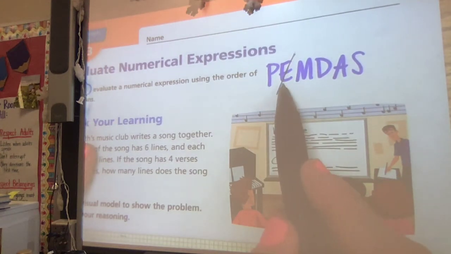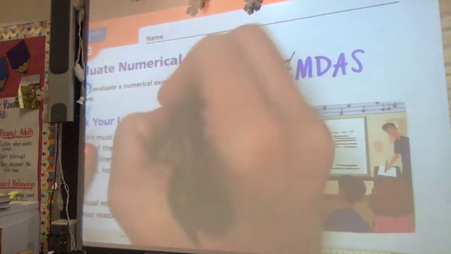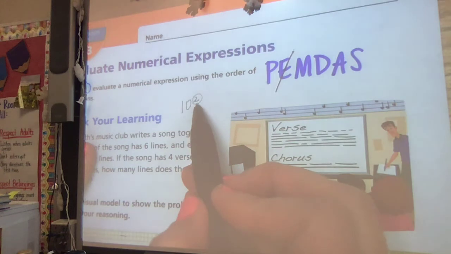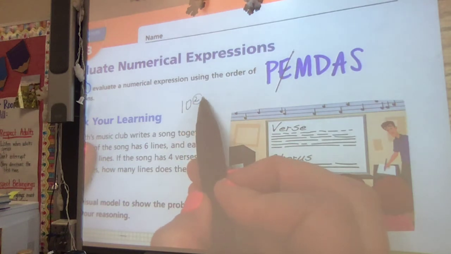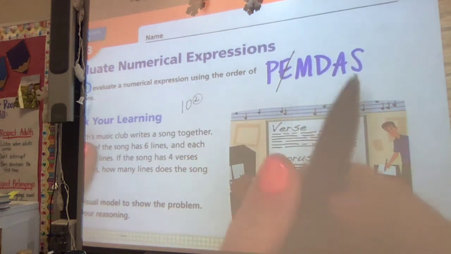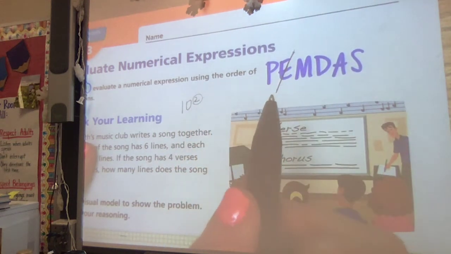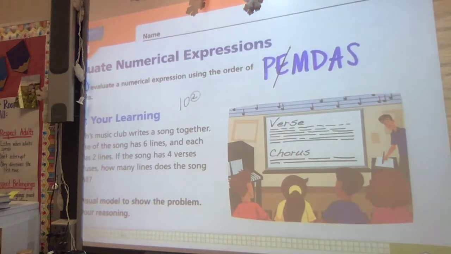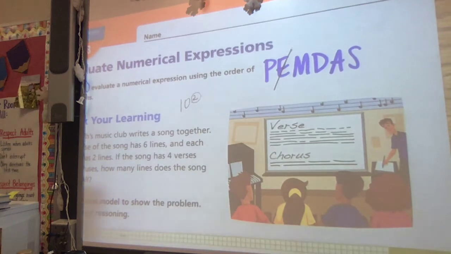Those are exponents. We've talked about exponents. Exponents are like this tiny little number right here. So it means 10 to the second power, or 10 two times. 10 times 10 is 100. But that's not something that we're required to know in 5th grade, so you won't see those in these problems. But I think it's important for us to know what it is.